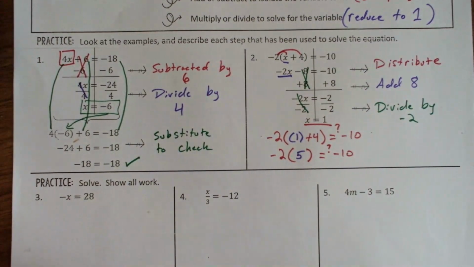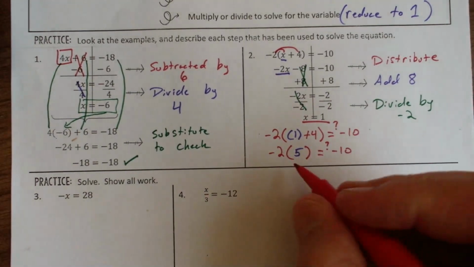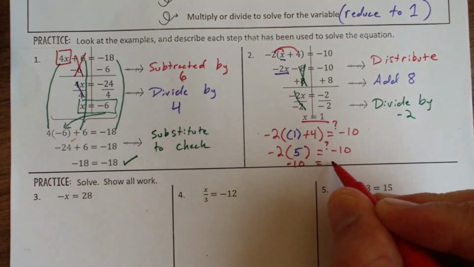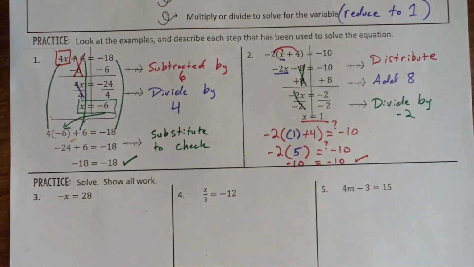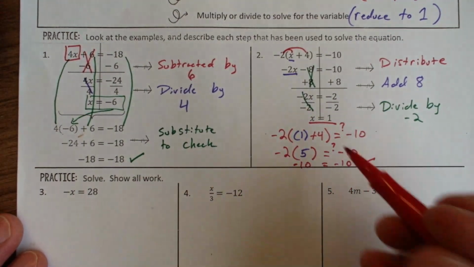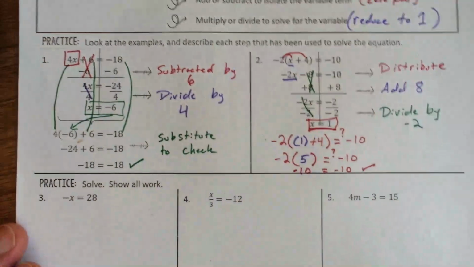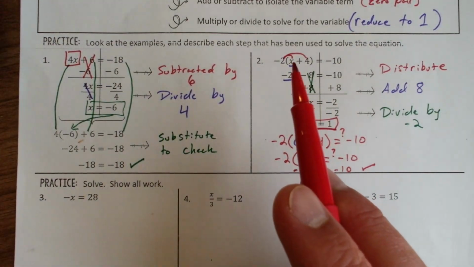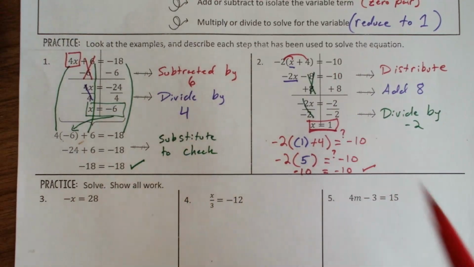Again, I'm still wondering if that equals negative 10. 2 times 5, that's 10. Negative times a positive, that's a negative. So negative 10 equals negative 10. So my answer is correct. That means out of all of the numbers in the real number system, every number that we can think of, 1 is the only value that will work here that will make this negative 10.